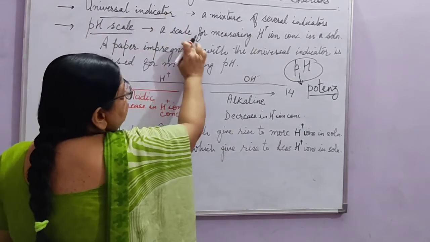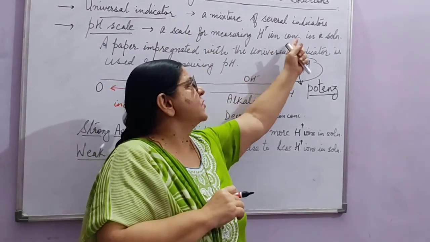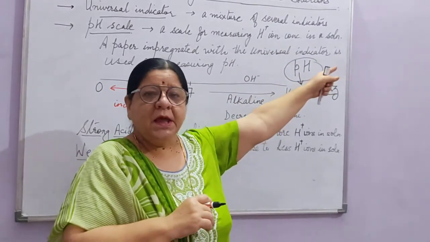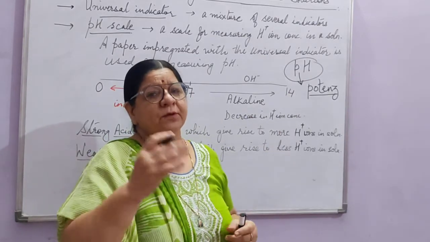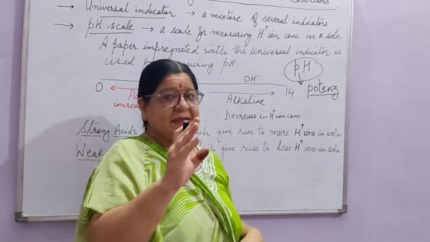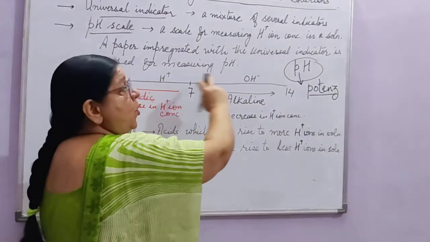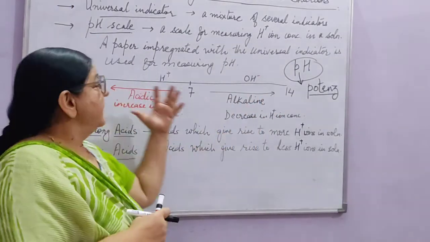It is a scale used for measuring hydrogen ion concentration in a solution. If we want to know the pH, we can use this pH scale, which varies from 0 to 14.